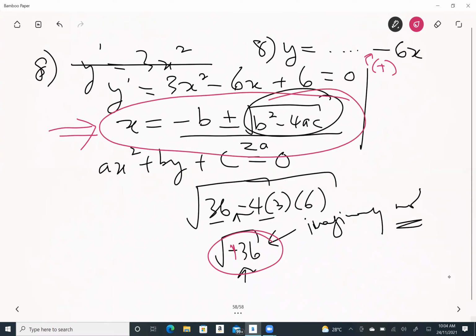If you do not know the shortcut formula, use this formal formula. Don't use the calculator. The calculator will give you the express answer. We don't want the express answer, we want the method. So that is how you get the roots. Any problem with the homework? Okay, none. We'll move on.